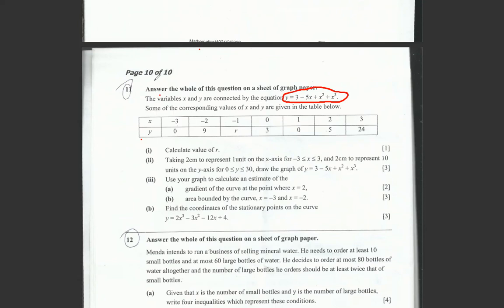So at some point you will be required to draw a graph where the minimum value, maximum, turning point, and so on. All that will come later. But what I'm interested in is this question.